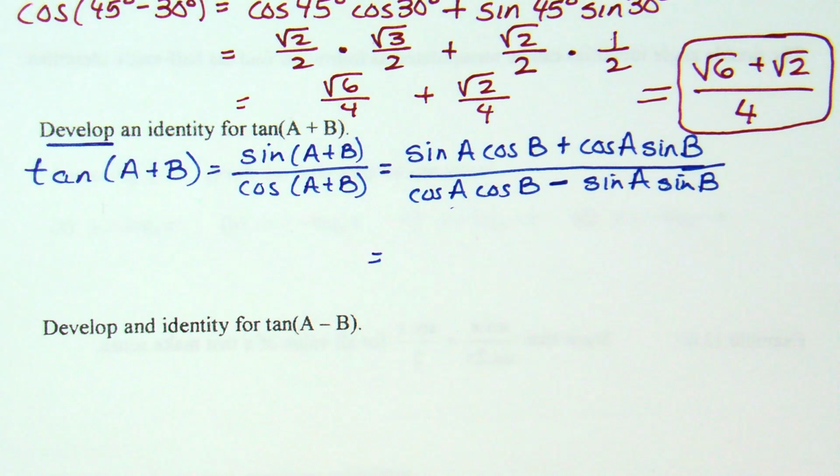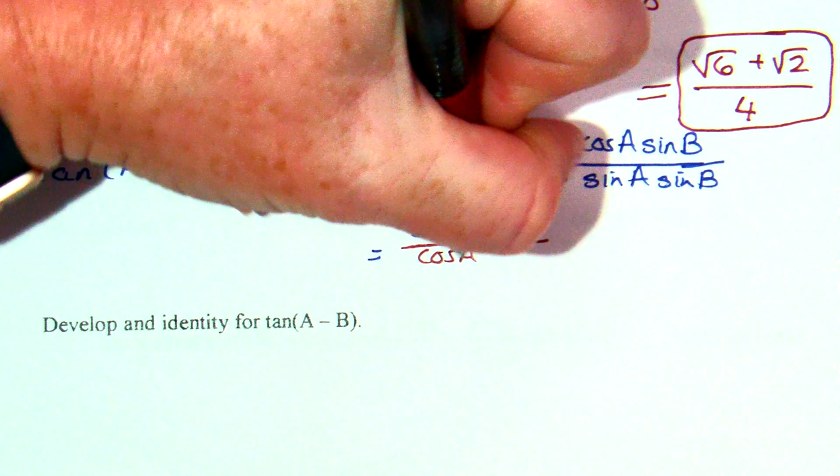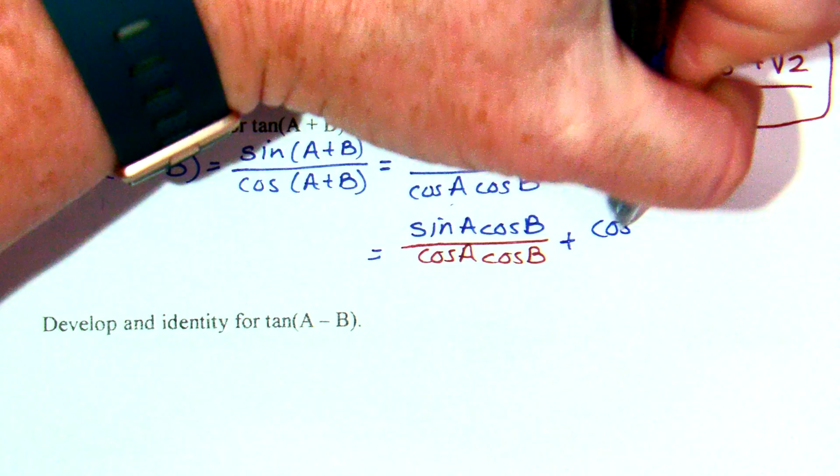So, I'm going to do sine A, cosine B, I'll change colors here, and I'm dividing by cosine A, cosine B. Plus, the other part I have in my numerator is cosine A, sine B. And we're going to divide it by that same cosine A, cosine B.